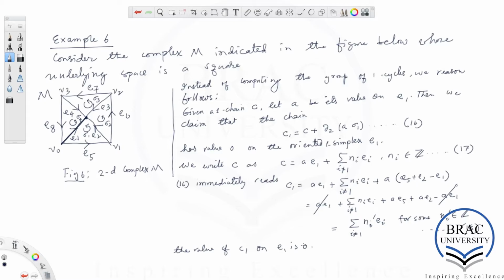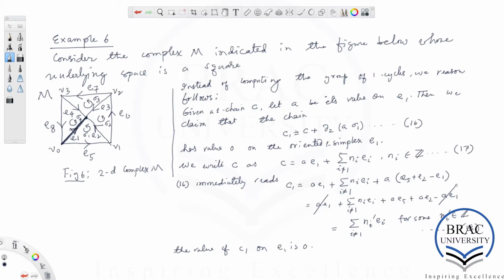So how does one interpret 16? One interprets 16 as the fact that after modifying the one chain C by adding a boundary to C, one pushes it off the edge E1. First of all, when we took this elementary one chain C, it had a non-zero value on this edge.